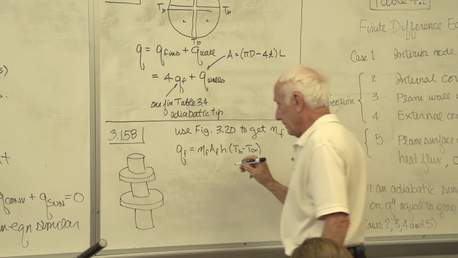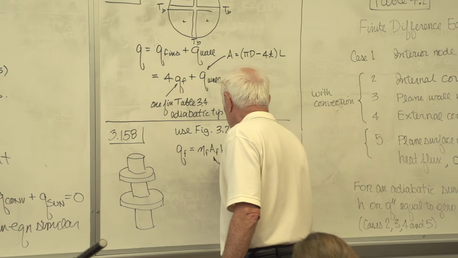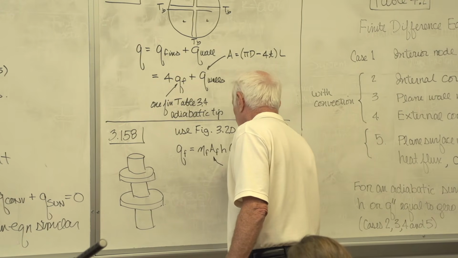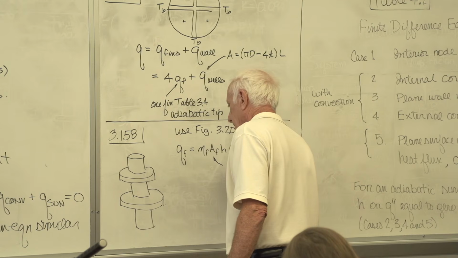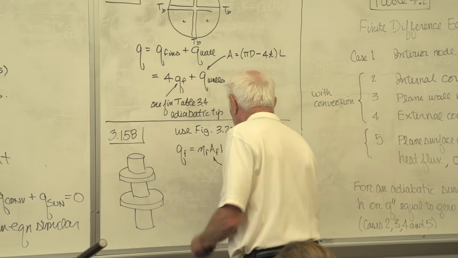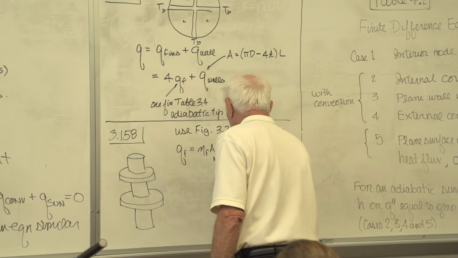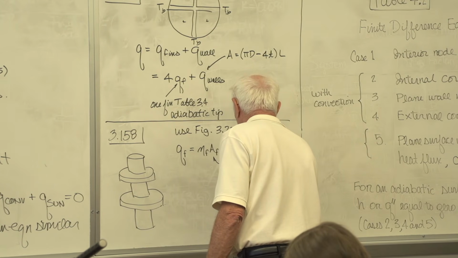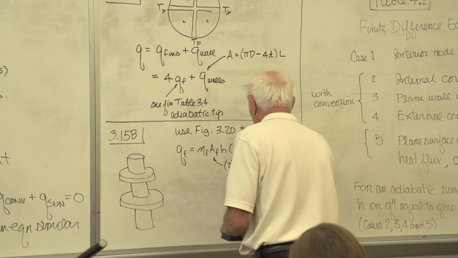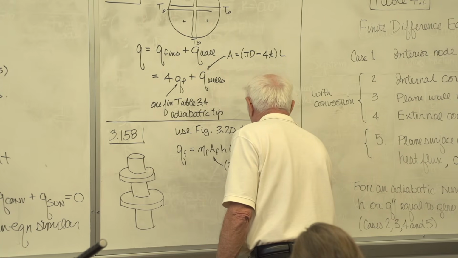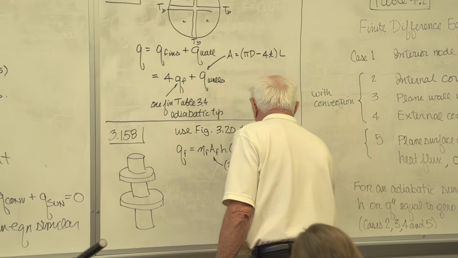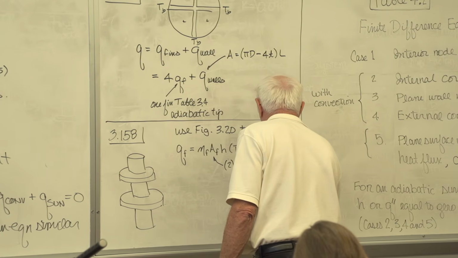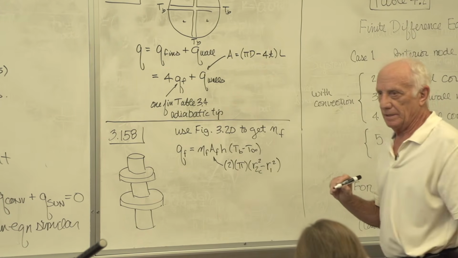And the area of the fin, there's top and bottom. So area of the fin is 2, because there's top and bottom, times pi r squared minus the inside radius squared. There's your area of the fin.